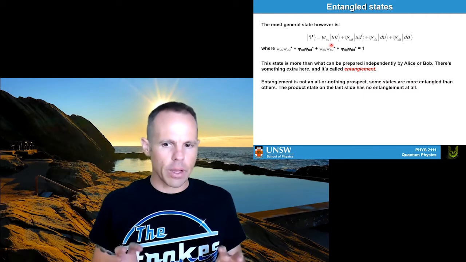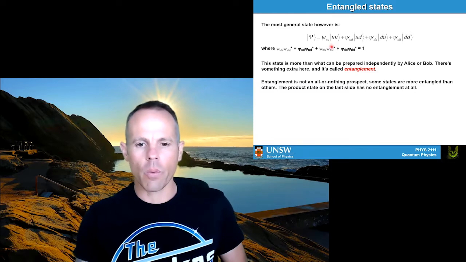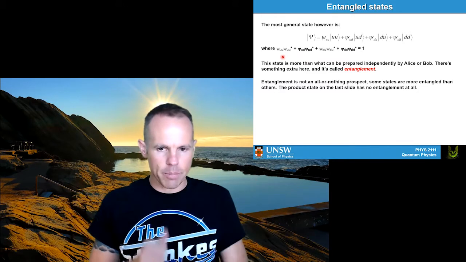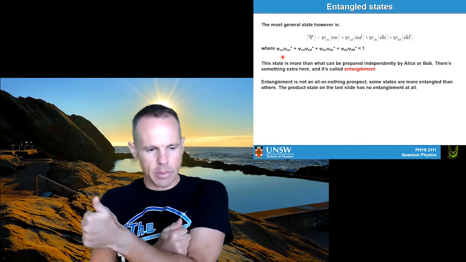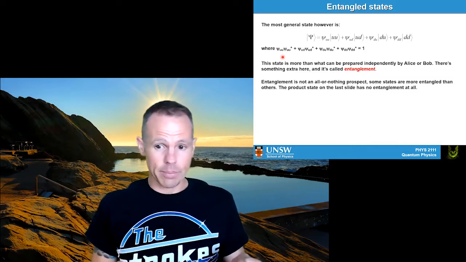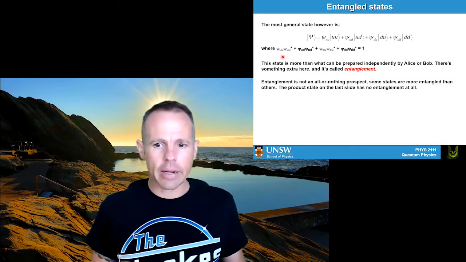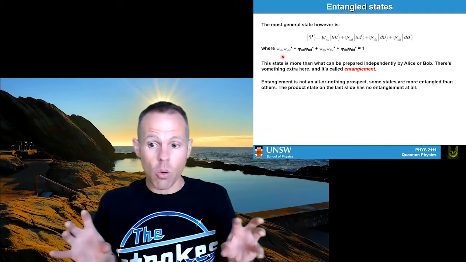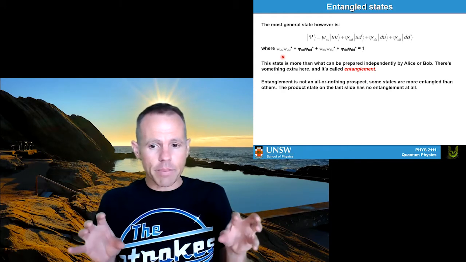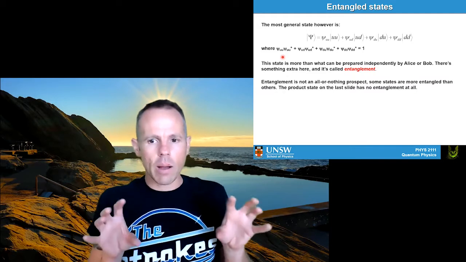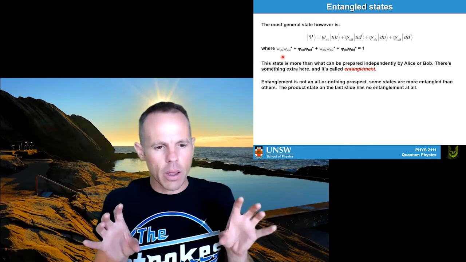And this whole thing has to be normalized, right? So what we would have here is some normalization that says the probability of up, up, plus the probability of up, down, plus the probability of down, up, plus the probability of down, down, has to be equal to 1, okay? This state is more than what can be prepared independently by Alice or Bob, right? And the something extra that's in here is something called entanglement. I'll come back to this general state in a moment.